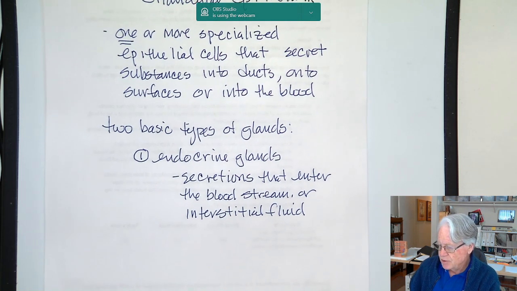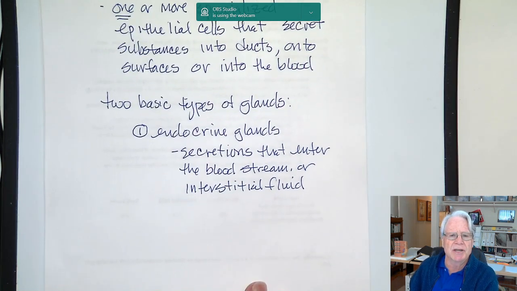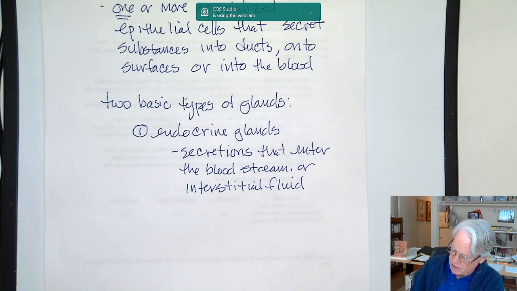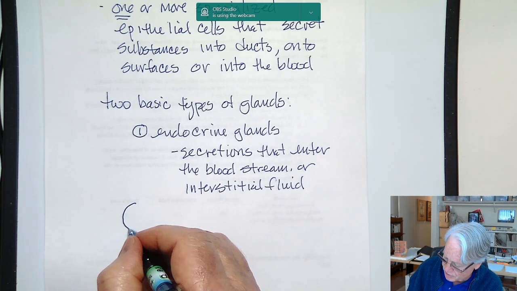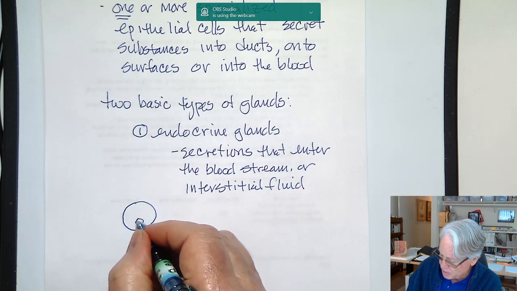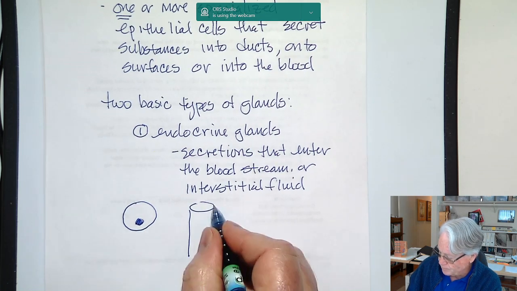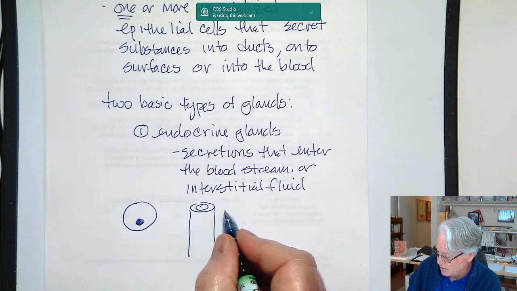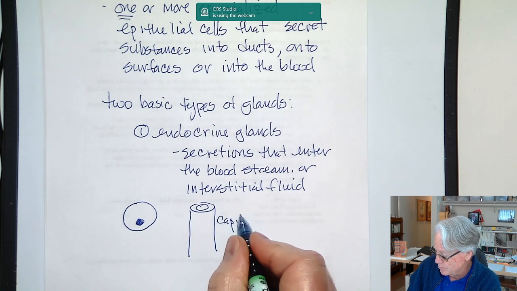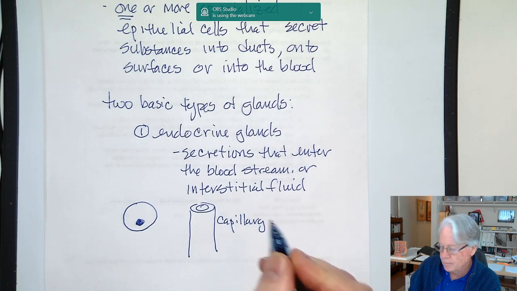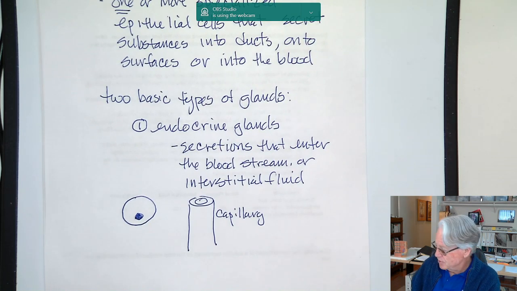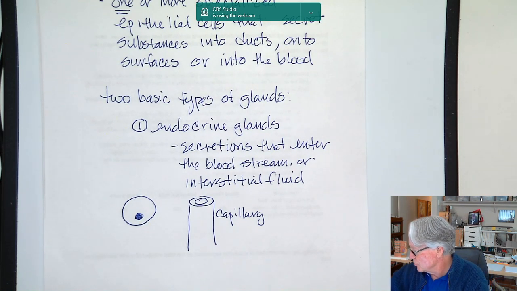If we were to quickly draw a little sketch to indicate that, let's just say we have a single cell here. It's producing some secretion, and we have a capillary. This cell is producing some secretion, whatever it might be.